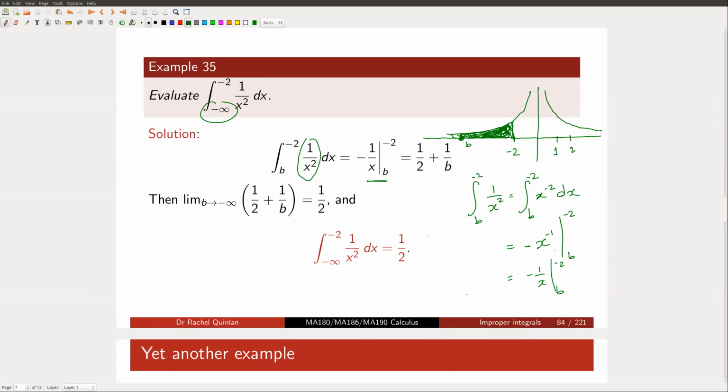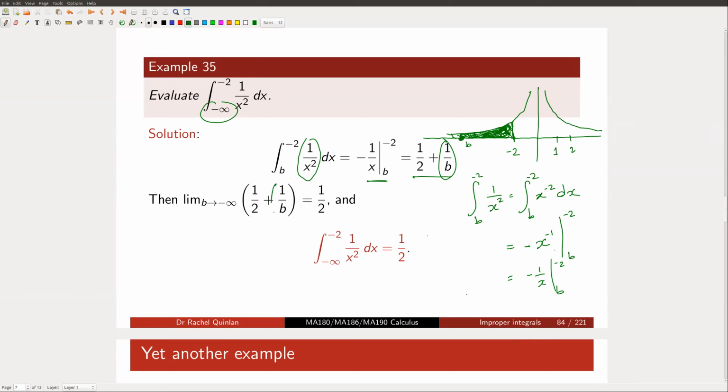Okay. And then if you want to actually go from minus infinity to minus 2, we have to ask ourselves, what happens to that expression when b goes to minus infinity? We're looking at b being a negative number heading out to minus infinity. Well, when b is going to minus infinity, this 1 over b is becoming a tinier negative number, so it's going to 0.